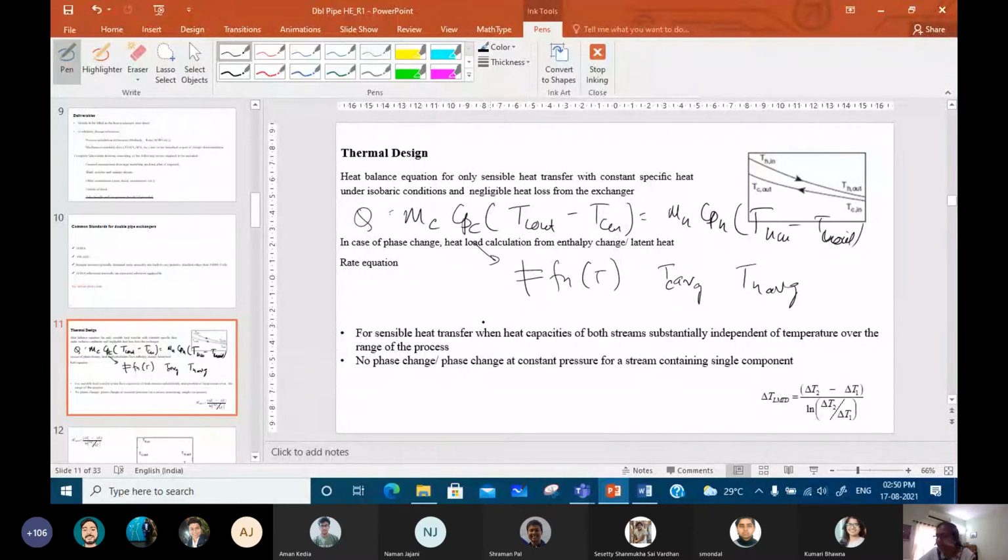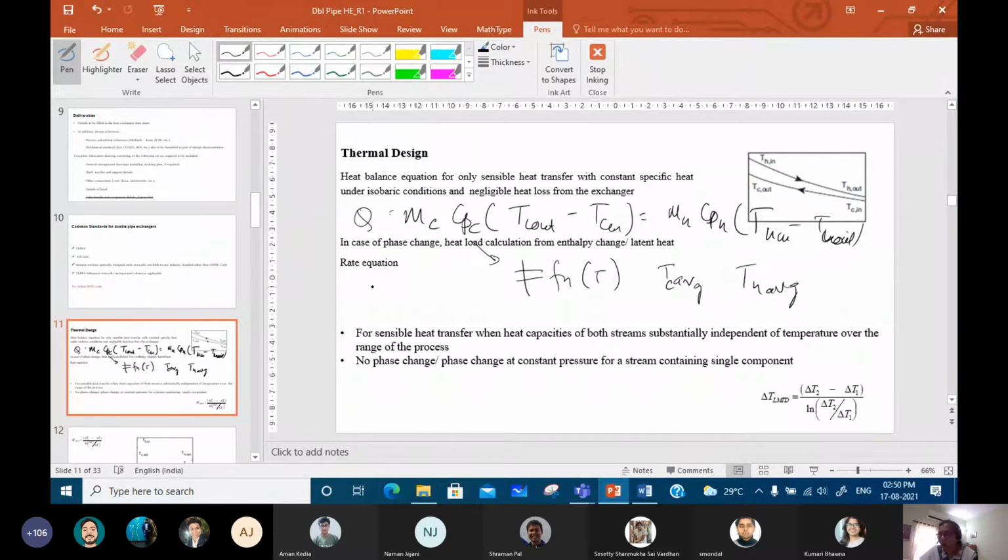The best thing is you find out the average temperatures and estimate CP, or better still, find out the CP at the cold and the hot conditions, or rather the out and in conditions for the two fluids, and just show that by assuming an average CP, your error in estimation will be not more than say 5% or something. Without that, I or in fact my entire team will not be very satisfied, I believe.